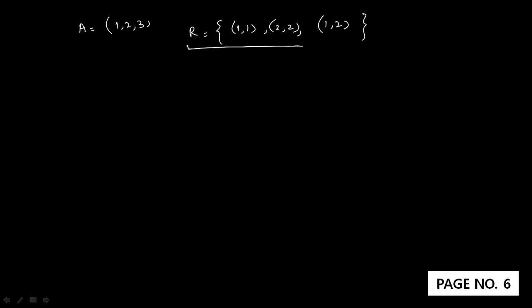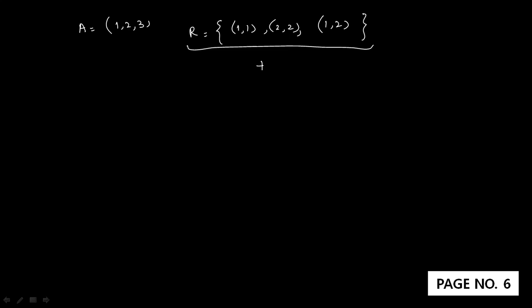Suppose 3 elements are there, 1, 2 and 3, and I am designing the relation like this: (1,1), (2,2), then (1,2), like this. Now this relation is neither reflexive nor symmetric nor transitive.